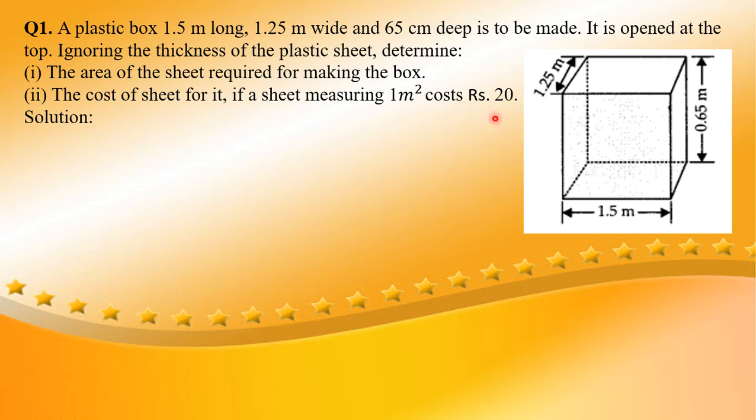Now remember, we have been given three dimensions, so the figure made will be a cuboid. Here is the figure, which has the three dimensions: this is the length, this is the height and this is the breadth.